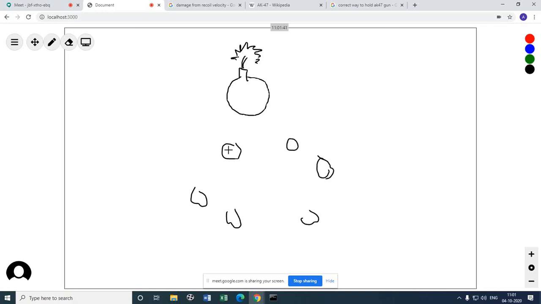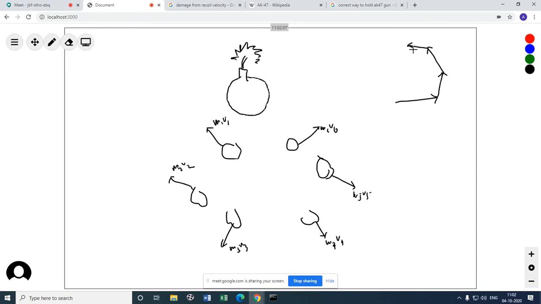So let's say this is M1 V1, M2 V2, M3 V3, M4 V4. Interestingly, then if you draw one, two, three, four, five, six, P1, P2, P3, P4, P5, P6, a polygon.